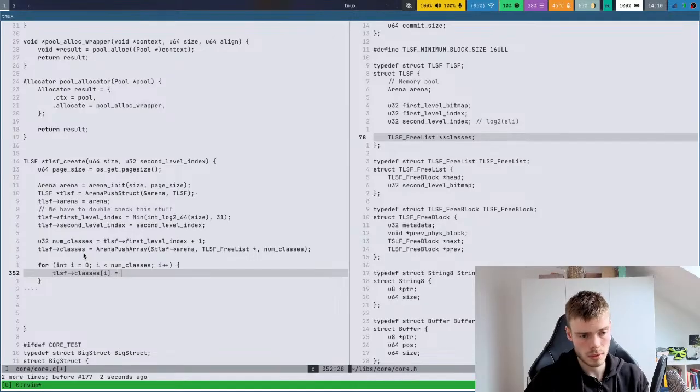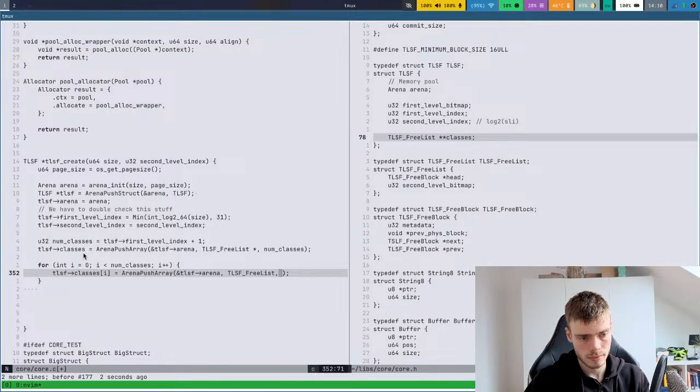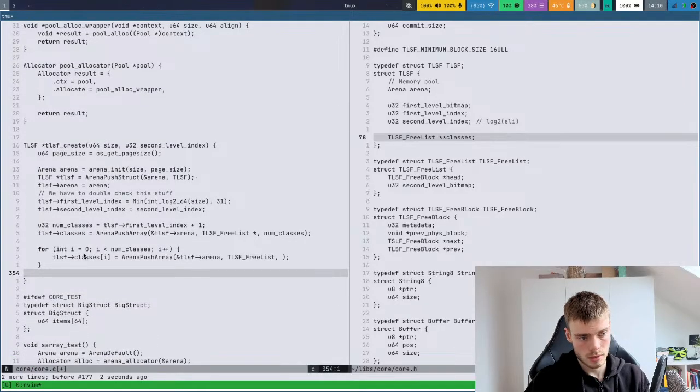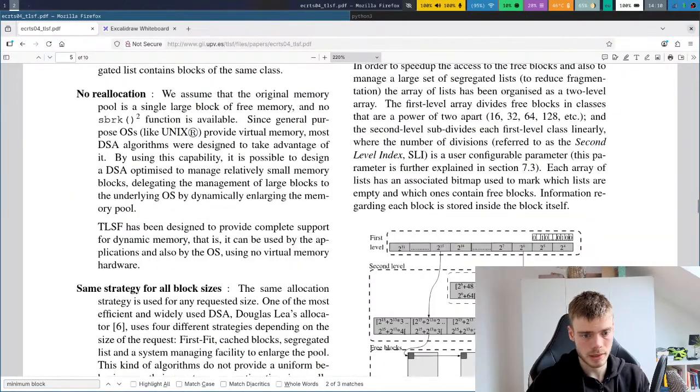Let's just do it like this. Equal to arena push array TLSF arena TLSF free list, but this time it is actual free list, and it is second level index. So this is the number of linear segregation.